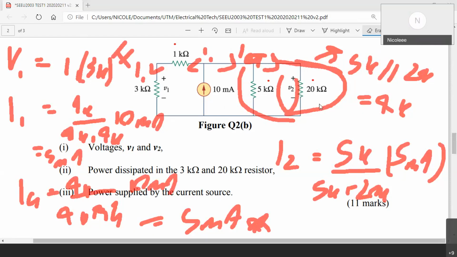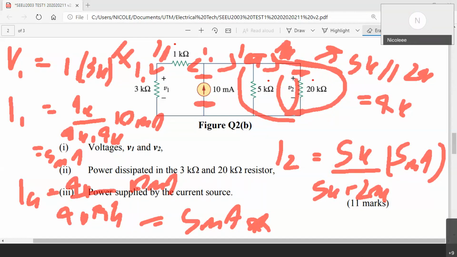That is one way. Another way, you calculate the total resistance. You can see this one and this one are parallel with this one, so the voltage at the source is the same voltage as the 20K. You find R equivalent: this is 4K, this one is also 4K, 4K parallel with 4K gives 2K. 2 kilo ohm multiplied by 10 milliampere, you get 20 volt.